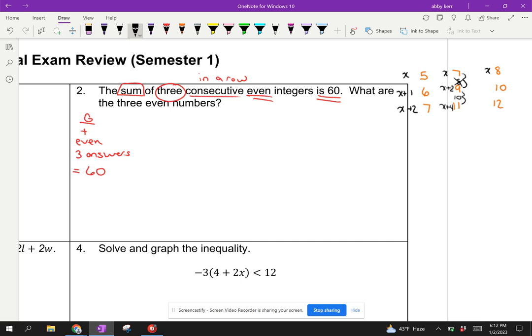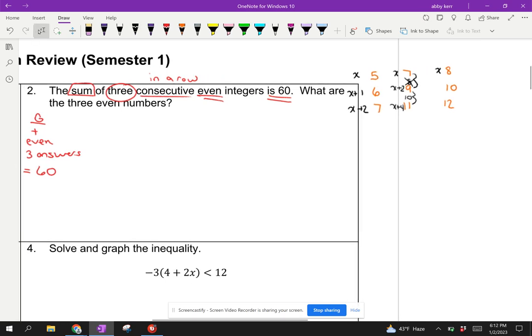So that's why that pattern is x, x plus 2, x plus 4. Now for some more space, let our first number be x. And now I'm skipping over 9, 1, 2 spots. So that's why it's x plus 2. Now I'm skipping over 11. So that's 2 more spots. So x plus 4. So right here is our pattern.